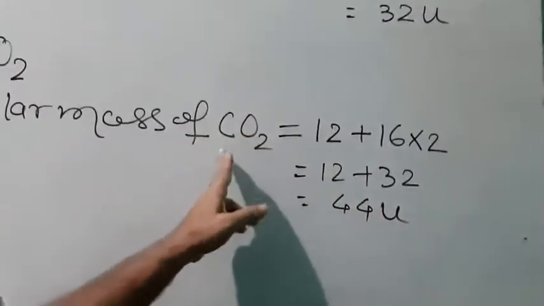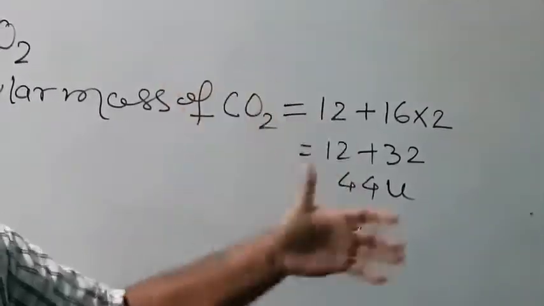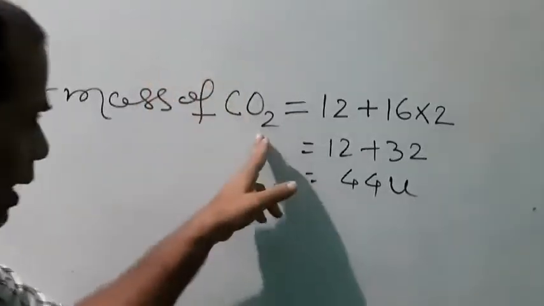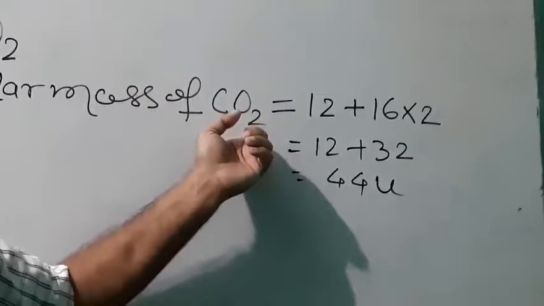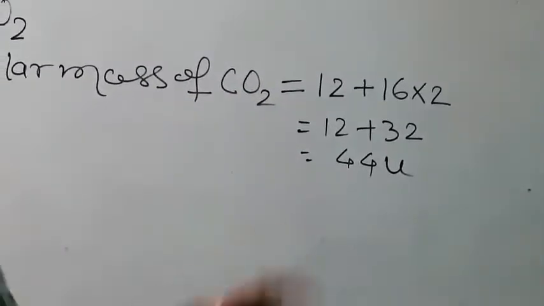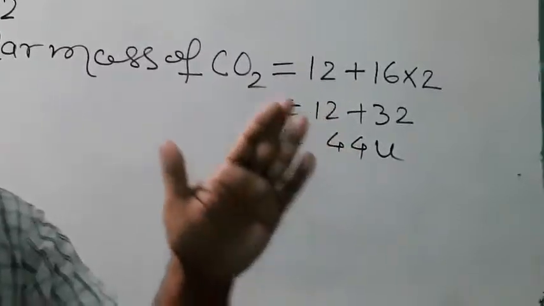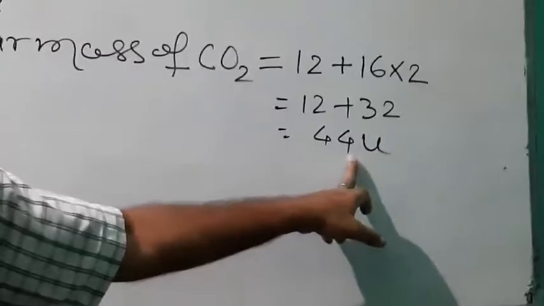It comes because we have taken the atomic masses of all the atoms present in one molecule of carbon dioxide. So the sum of the atomic masses of all the atoms present in a molecule of carbon dioxide is equal to 44 u.